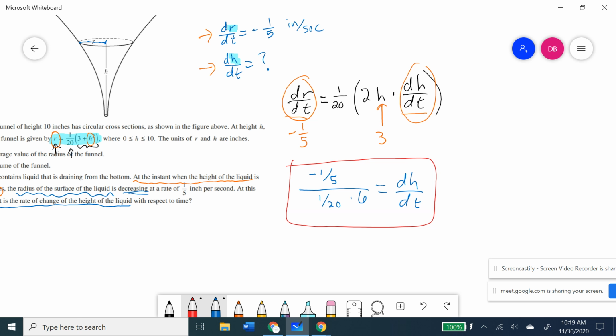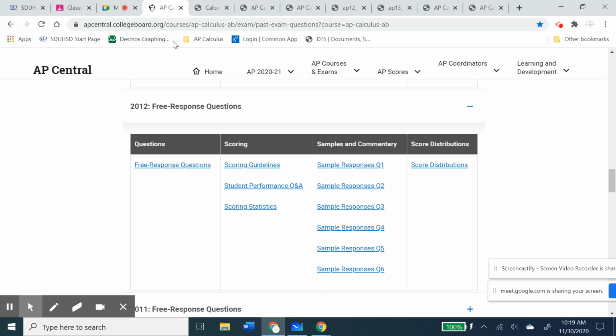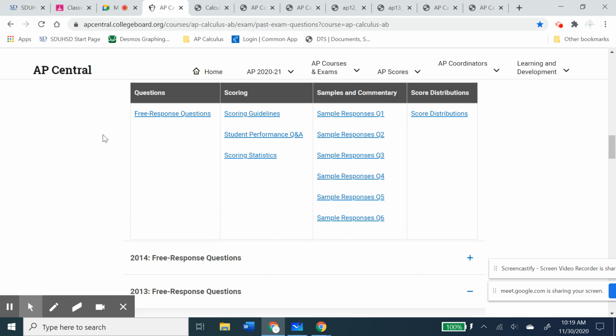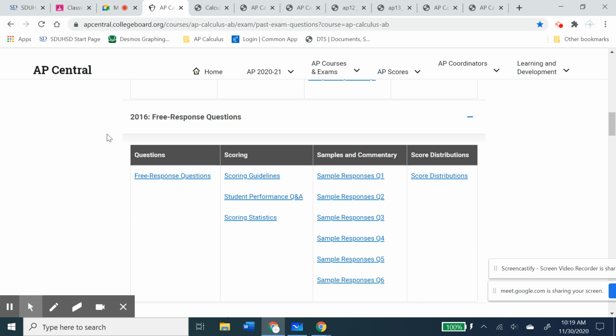Then the answers, just to show you the answer key. And by the way, the website that I linked you to, this was a 2016 free response question.